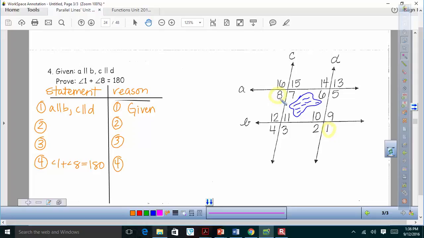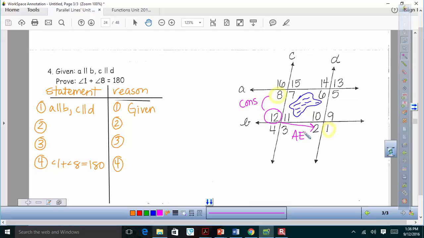So what is consecutive to 8? 12. Okay? So 8 and 12 are consecutive. And then 12 and 1 have a relationship how? Alternate exterior. So are there multiple ways that we can go around this one? No, there's not.